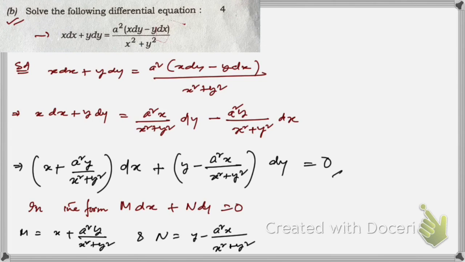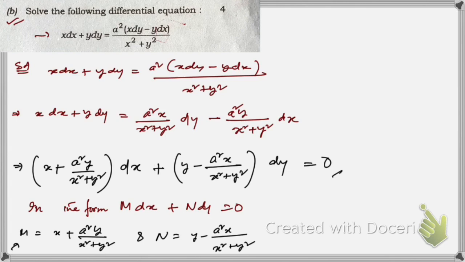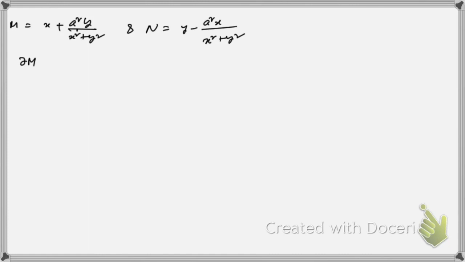Now what we're going to do is differentiate m with respect to y partially. Let me write these two on the next slide as well. So first let me find del m by del y. If you differentiate x with respect to y, that's obviously going to be 0.